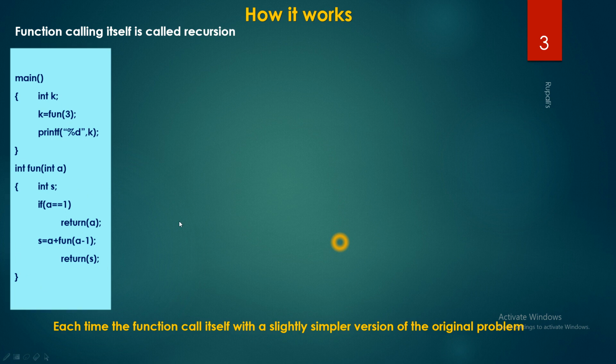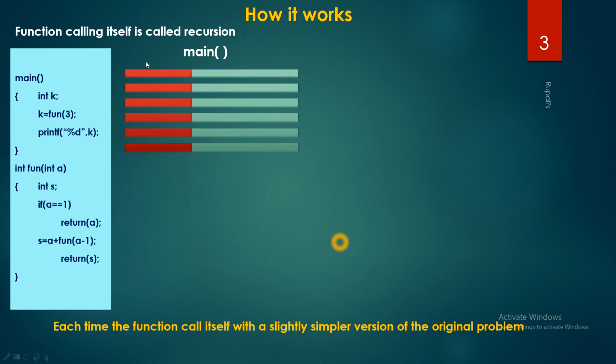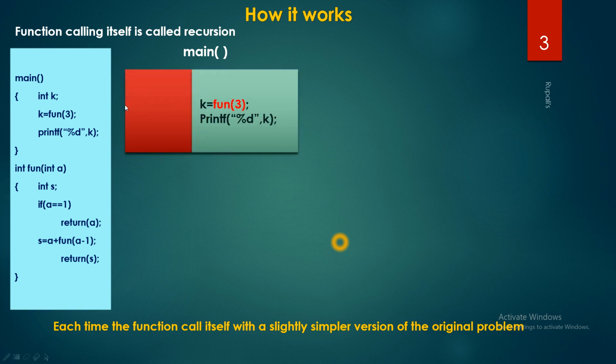So how does it work? First, this is our main function. The code for the main function is k equals fun(3) and printf. Here I am writing the code of the main function, and here the variable is k.